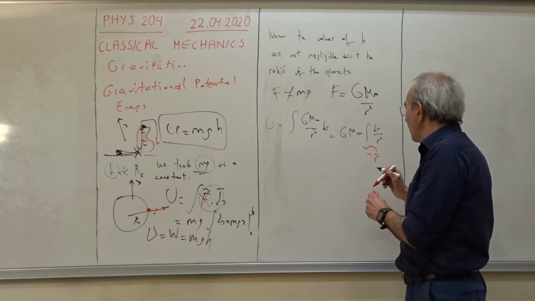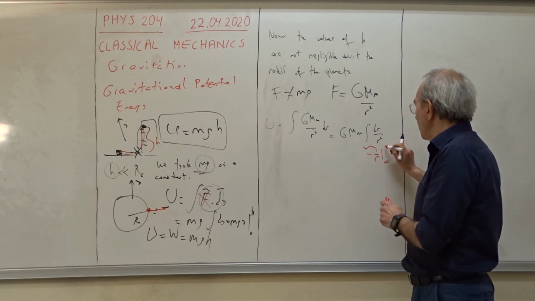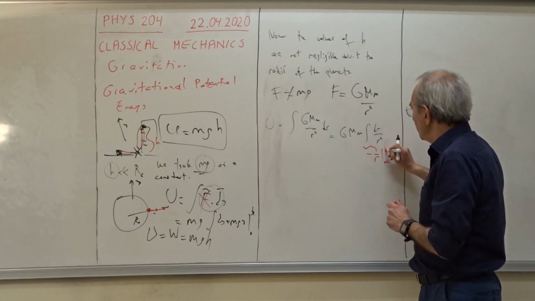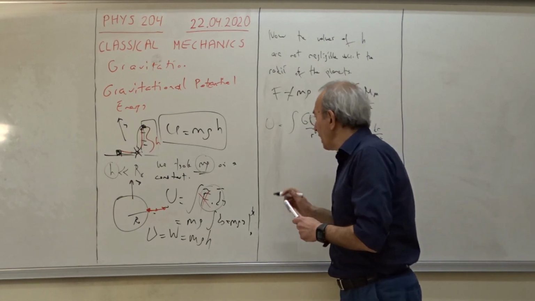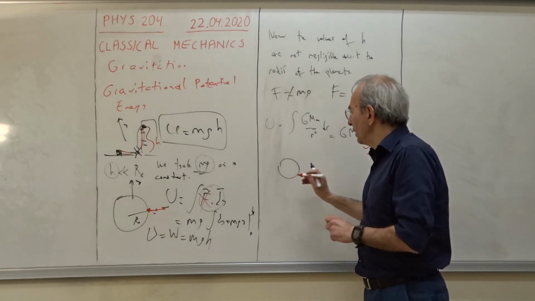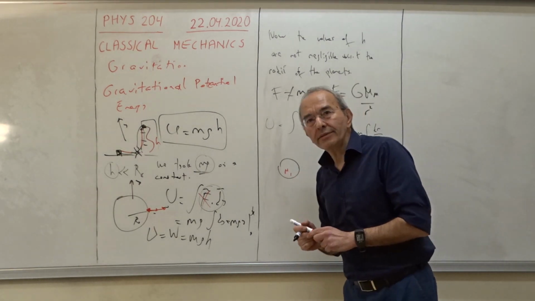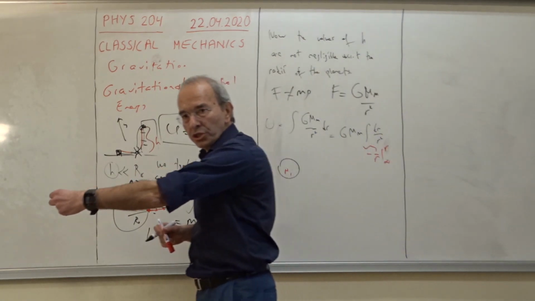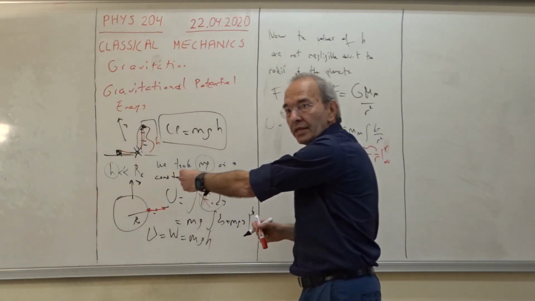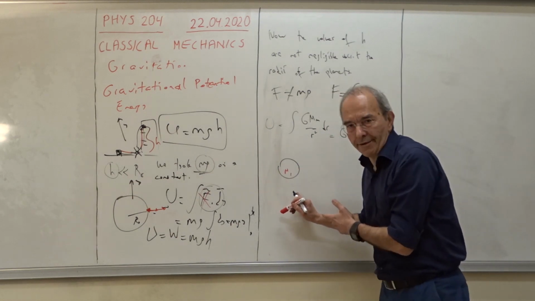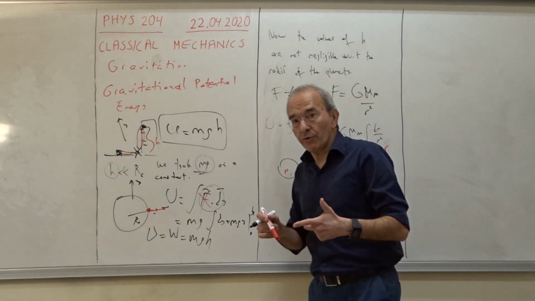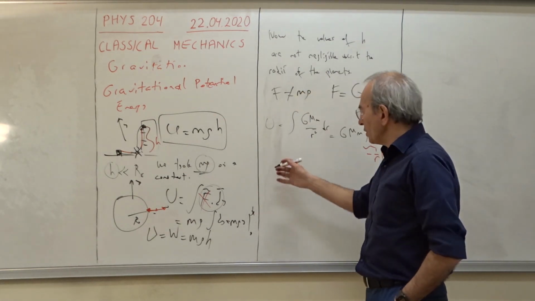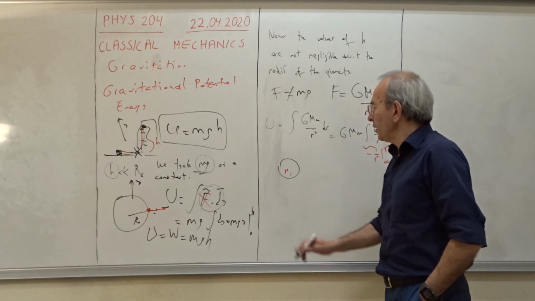And these limits are from infinity to a certain r, because we have an object here, let's say object m1 having mass m1. Now from infinitely far away positions, you bring in a second object nearby, so that you do some work. Therefore, the system gains a certain potential. What is that potential? Potential energy.